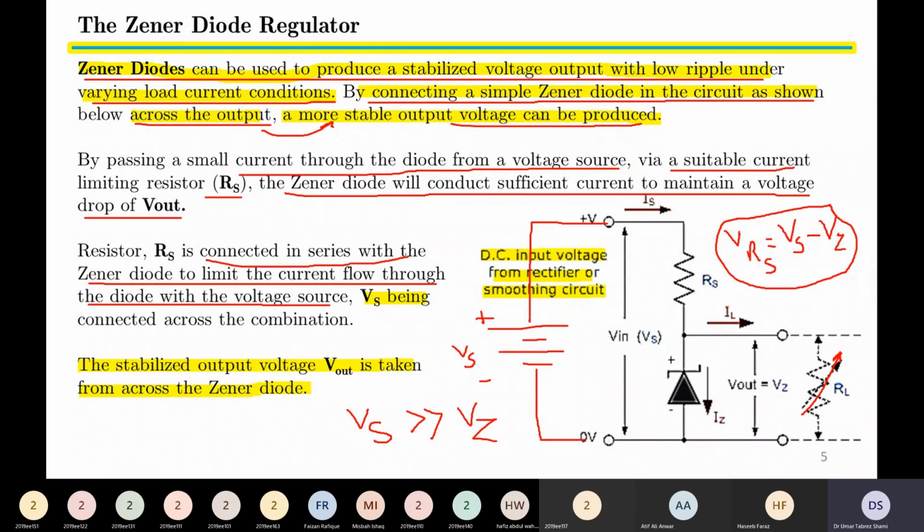Now for the Zener diode to operate correctly, the source voltage must always be larger than the Zener voltage. The resistance Rs, which is connected in series with the Zener diode, will act as a limiting resistor.